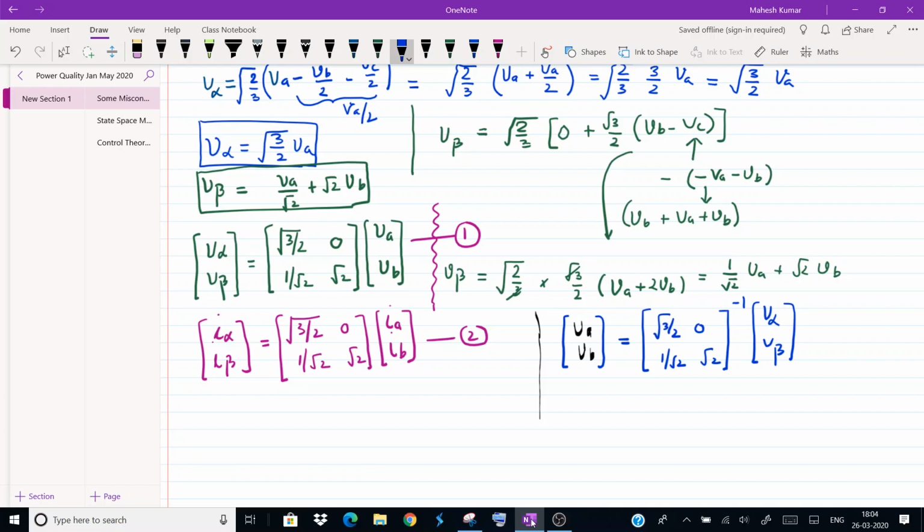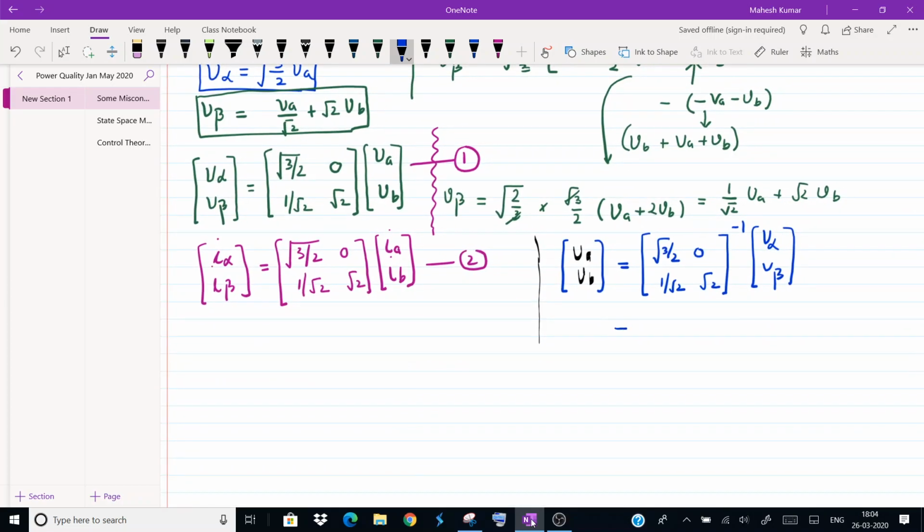If you find the inverse of this matrix, then you will see that 1 by determinant is 1 by root 3 here. Then the cofactors transpose of this. Cofactor is root 2 here. Cofactor is minus 1 by root 2. Cofactor is 0 here. This is root 3 by 2. And the transpose of this matrix. Transposing this and dividing by 1 by root 3, each element will give 2 by root 3 here.